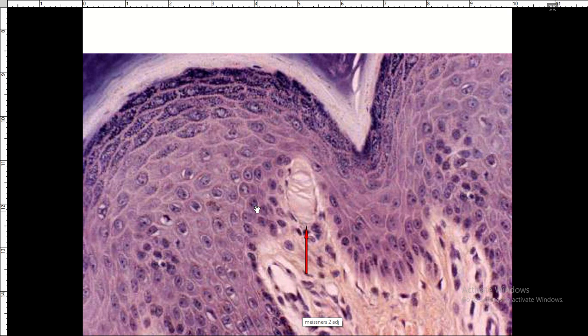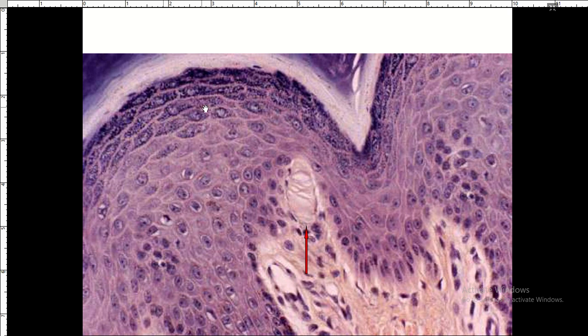This layer right here, that's the stratum germinativum. And then we have this layer right here, that's your stratum spinosum. And this layer that is highly basophilic, that's your stratum granulosum.